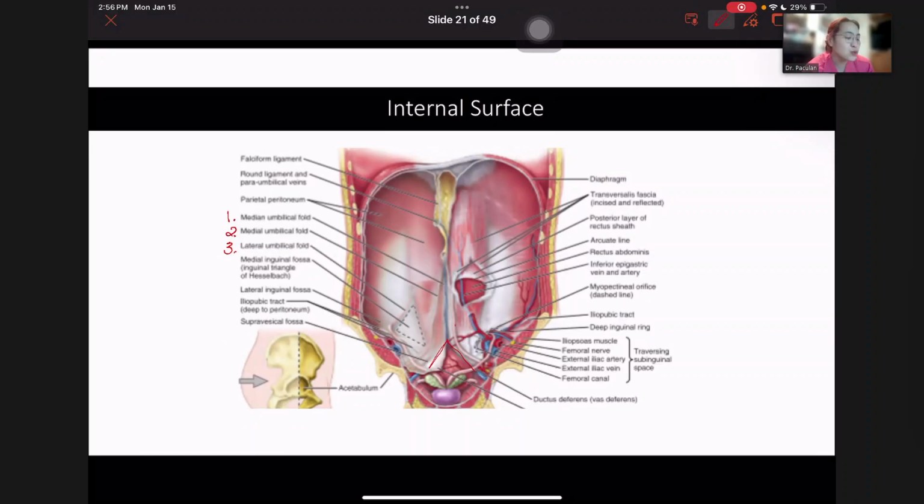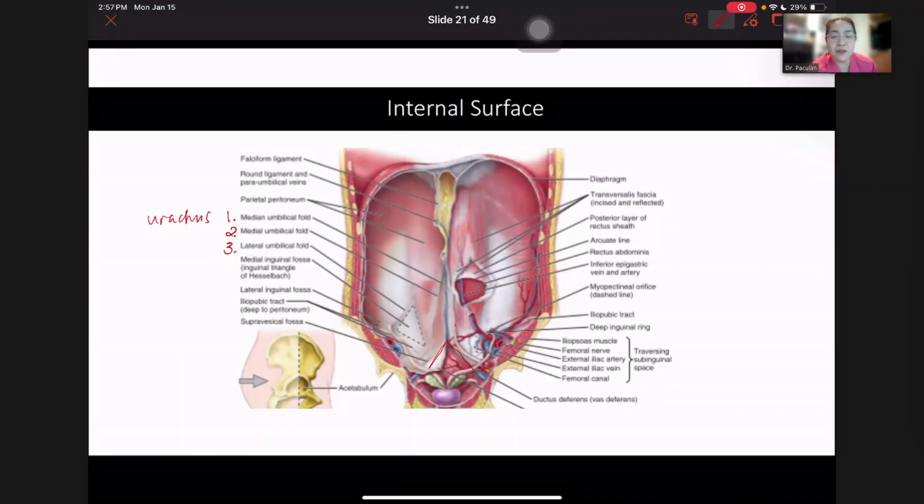Now you have your two medial umbilical folds. Median is the middle one. The two medial umbilical folds are lateral to the median umbilical fold and cover the medial umbilical ligament, formed by the occluded umbilical arteries. So, median umbilical fold, remnant of the urachus.